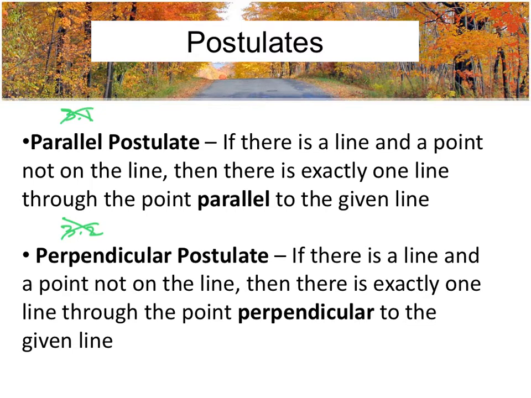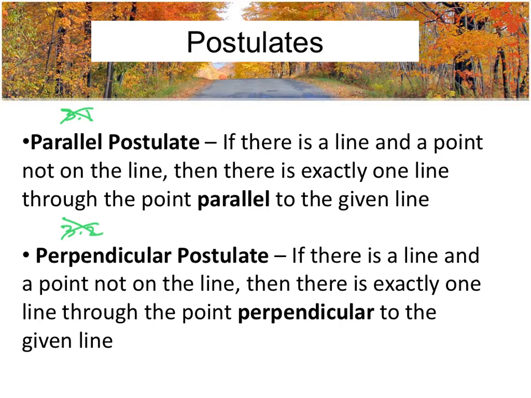You will never be asked to give a number of a postulate outside of this textbook, like if you were doing an SAT, because every textbook numbers their theorems and postulates differently. So the parallel postulate states, if there is a line and a point not on the line, then there is exactly one line through the point parallel to the given line. There will not be more than one, exactly one.